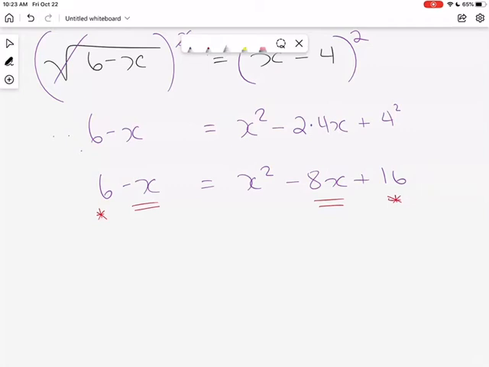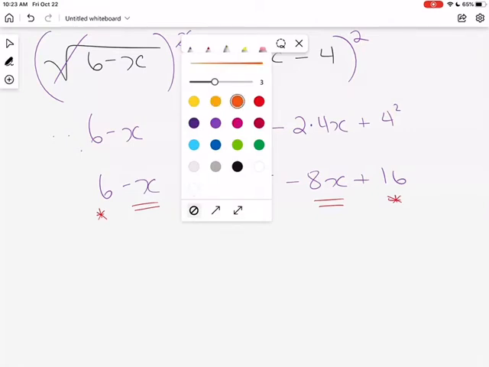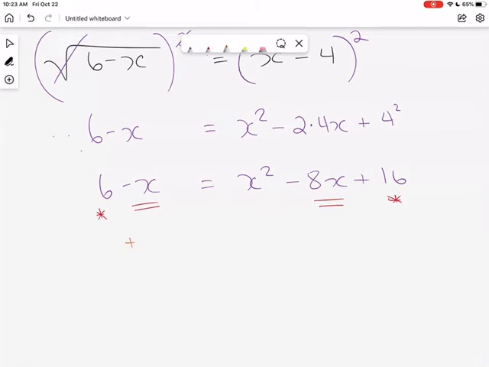So what I'm going to do is move them from the left-hand side to the right-hand side. So I'm going to add x here, and I'm going to subtract 6 there. So now on the left-hand side, I've got 0 because I just removed those terms. And on the right-hand side, I have x squared minus 7x plus 10.